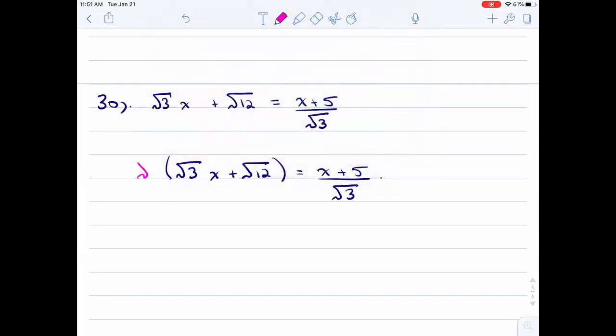Sure, let's use pink. All right. If I have a true statement, 1 equals 1, I multiply both sides by the square root of 3. 1 times the square root of 3 is still equal to 1 times the square root of 3. Whatever I do to one side, I have to do to the other side, right?